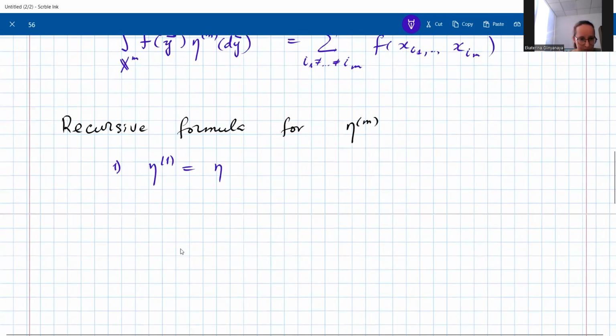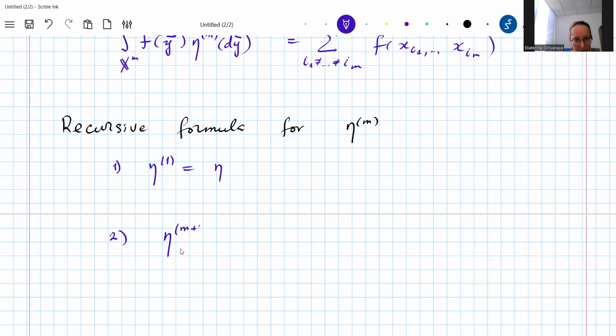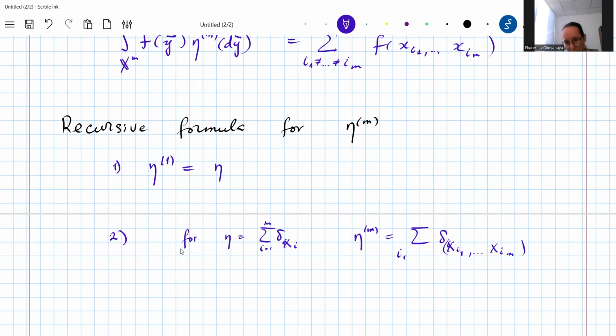Okay, next one, if I have eta^(m+1). This is like an intuition for eta of such form, delta x_i to m, we recall that we have this delta x_i1 and so on, x_im for non-equal indices.